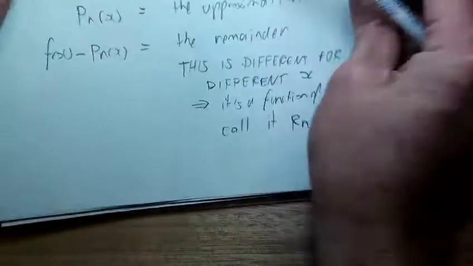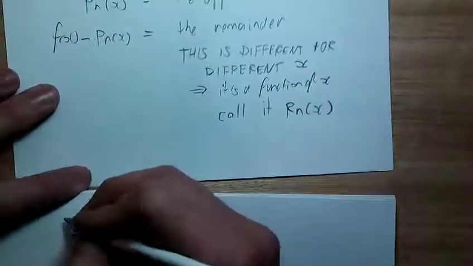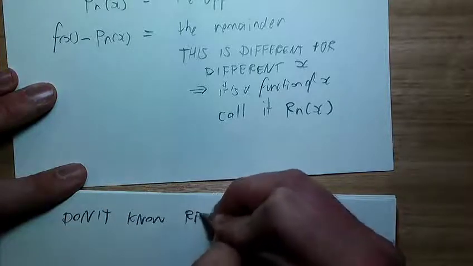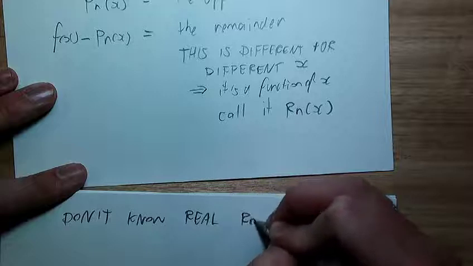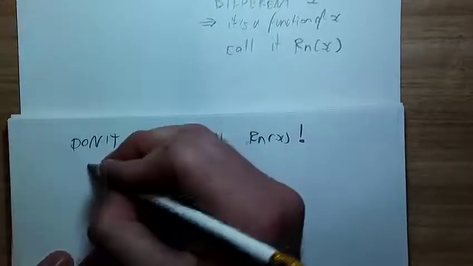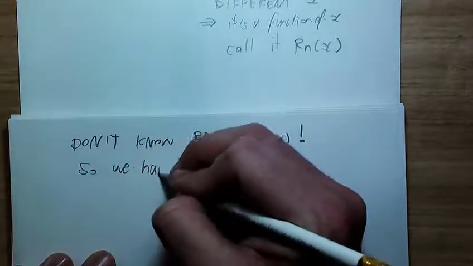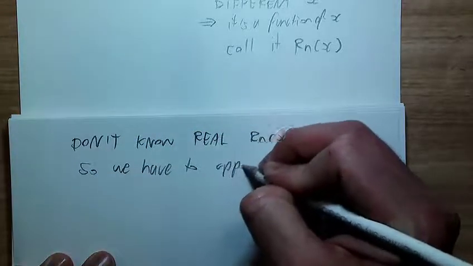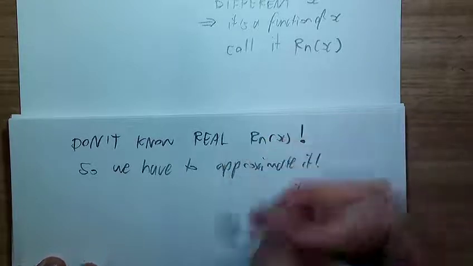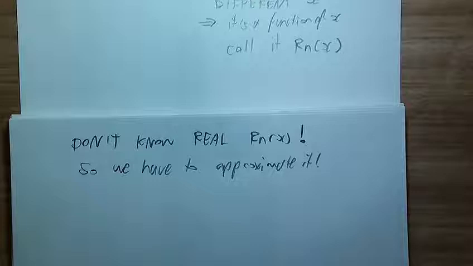So we don't know the real R_n(x), so we have to approximate it as well. Which is sad.